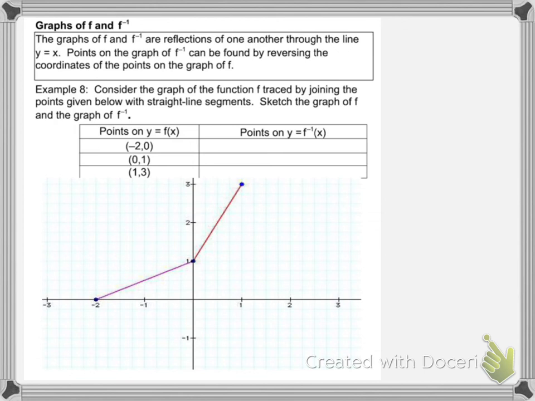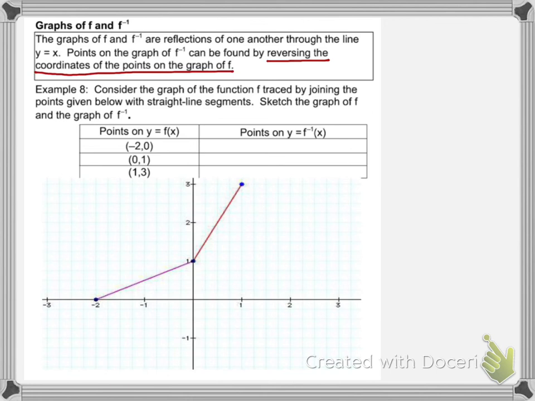It's a very simple task. All you have to do is reverse the coordinates of the points on the graph that is being given to you, and then you will proceed to plotting those points.